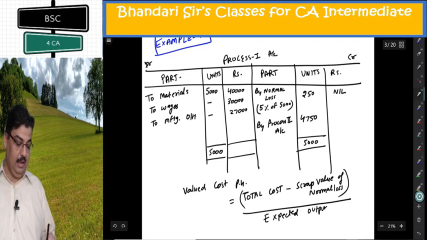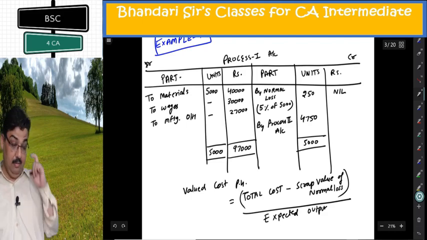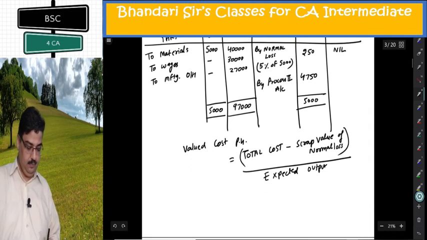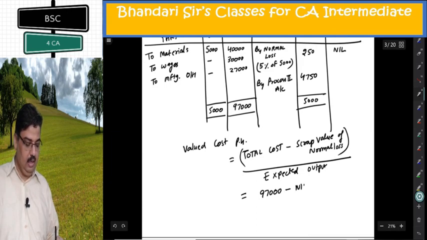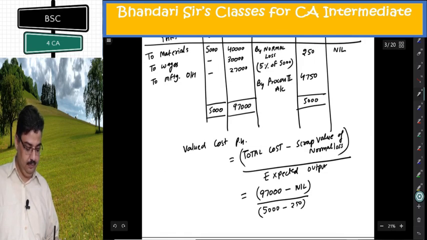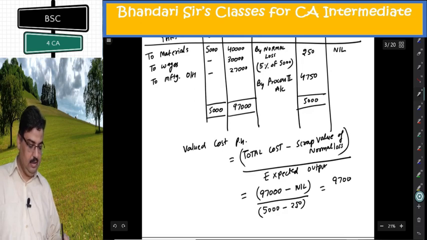On debit side, we get total cost 97,000. 97,000 minus nil, divided by 5,000 minus 250. 97,000 divided by 4750.